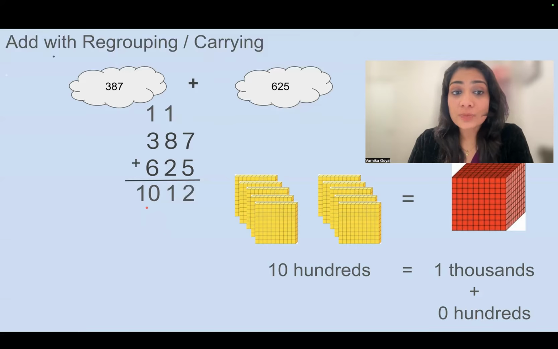This is the hundreds place, so we'll keep 0 at hundreds place and we'll carry over the 1 at thousands place. But I don't see any number at thousands place. There is no number, which means there is 0. So we add 1 plus 0 and we get our 1. So it is 1, 0, 1, 2.